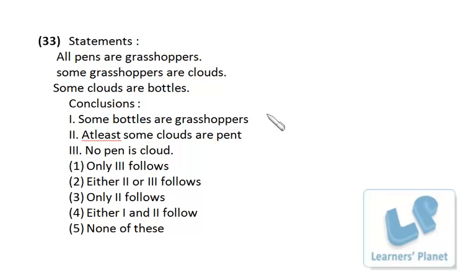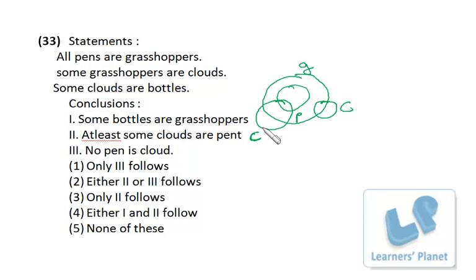Now all pens are grasshoppers. So pens, I just draw a bit bigger circle. Pens and then grasshoppers. Okay, some grasshoppers are clouds. So there are various possibilities. Maybe the cloud is intersecting just with the circle of grasshoppers, or maybe this.